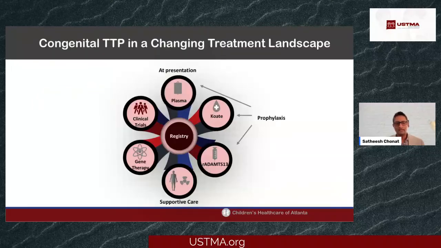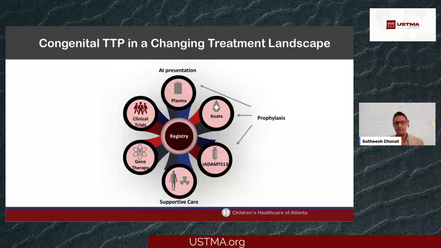And this is my last slide, and I want to summarize by saying that at this point, for prophylaxis, to help prevent recurrent symptoms and also to potentially prevent long-term organ damage, we have plasma infusions and the COVADE, which is factor 8 and ADAMTS13 together.